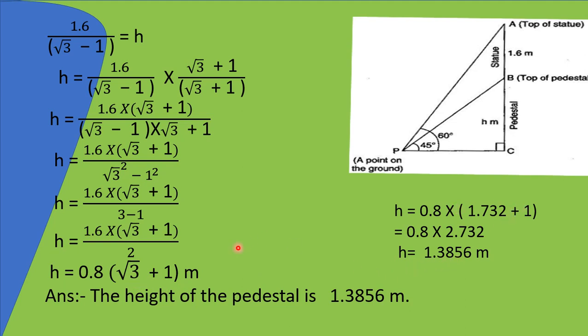So there is no harm in leaving the solution as H is equal to 0.8 into root 3 plus 1, or further solving and getting H as 1.3856. So both answers are correct, 0.8 into root 3 plus 1 or 1.3856. So we can say the height of the pedestal is 1.3856 meter.